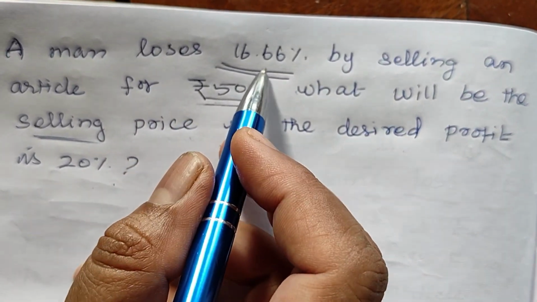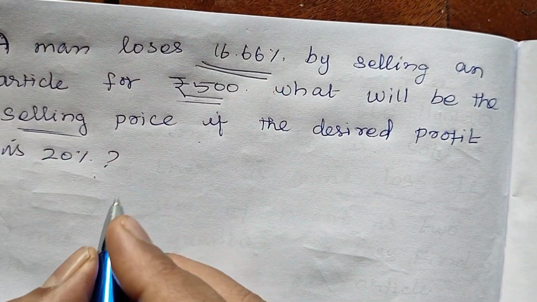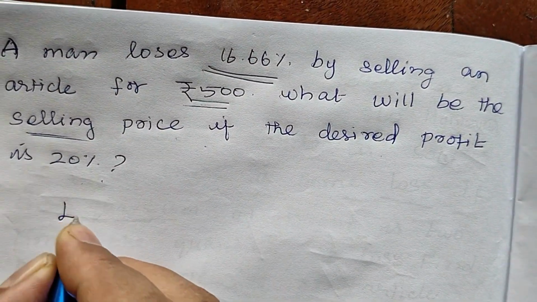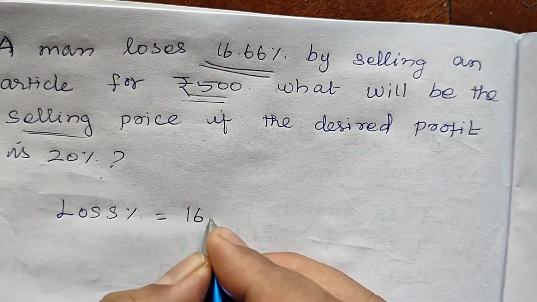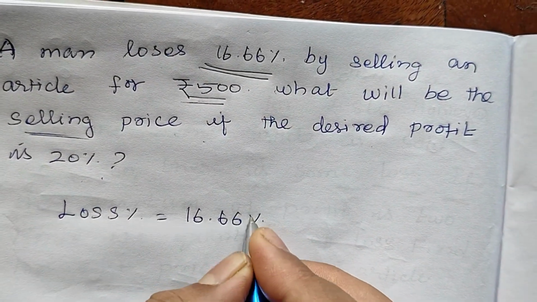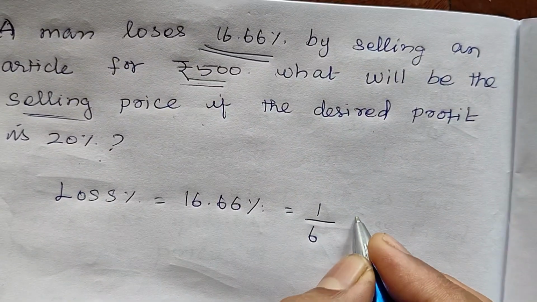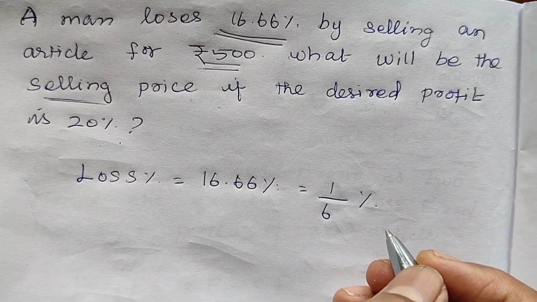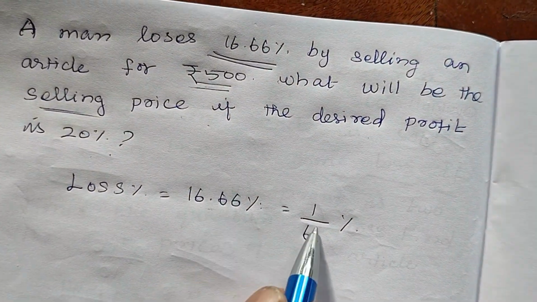A man loses 16.66%. So first, the loss percentage is given. Loss percentage equals 16.66, that is 16 and 2/3 percent. We can write it in the form of a fraction: it is 1/6. For banking you have to study these fractions.